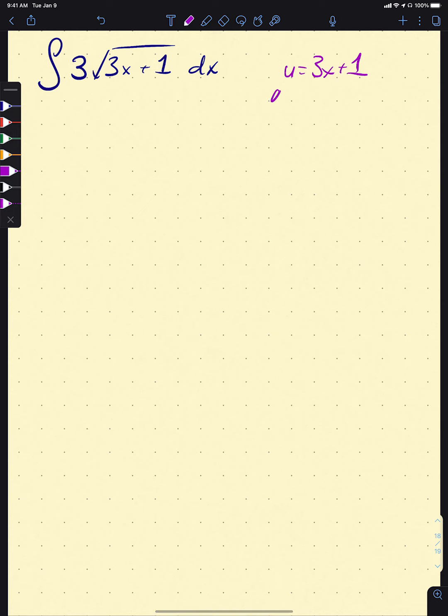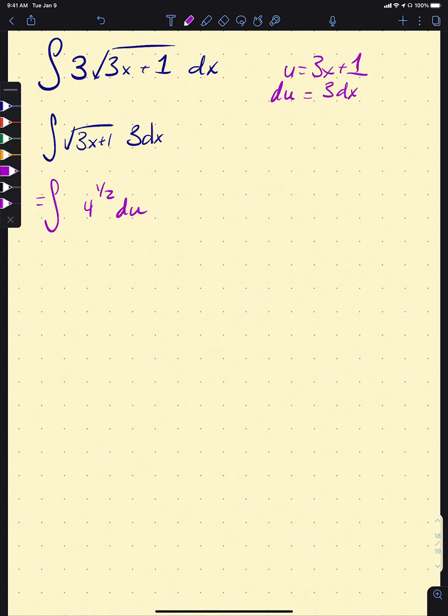Then du is going to be 3 dx. So when I rewrite this, we're going to get the square root of 3x plus 1 times 3 dx, and this is going to naturally convert into the square root of u, or u to the 1/2 du.